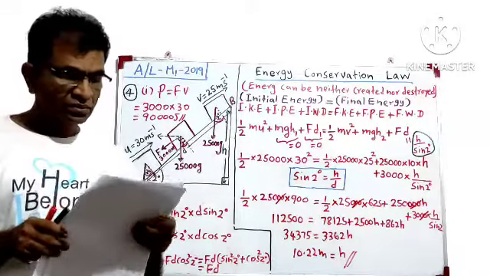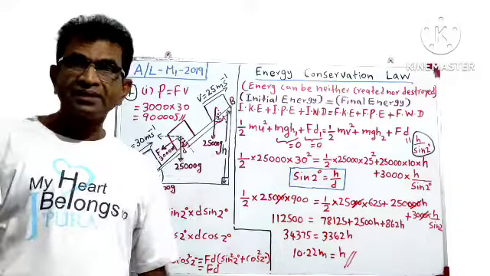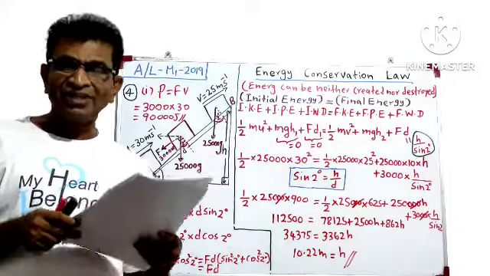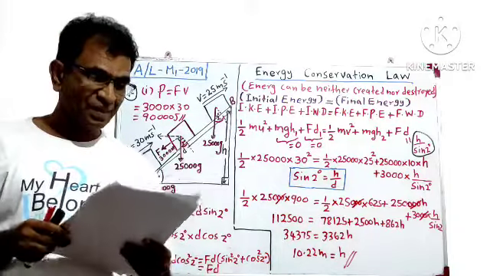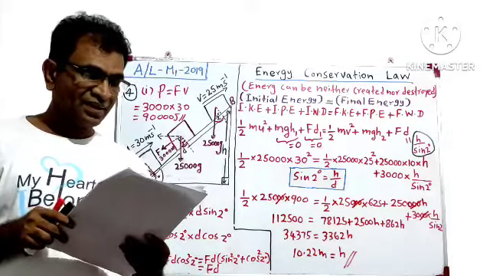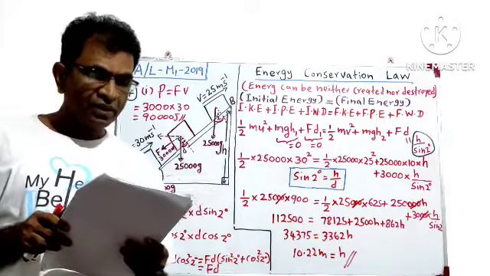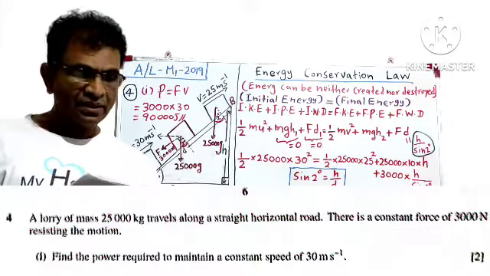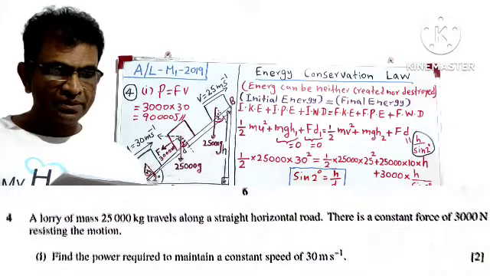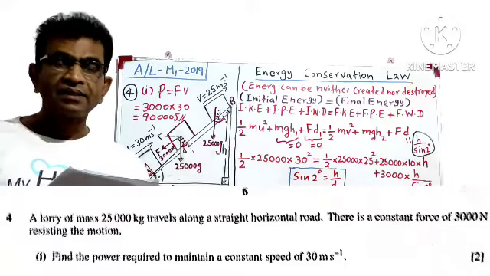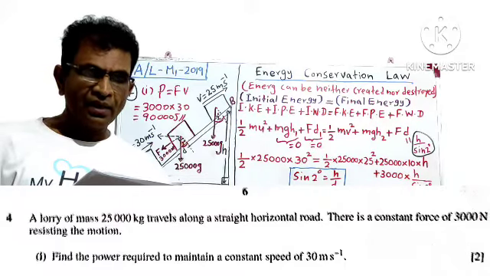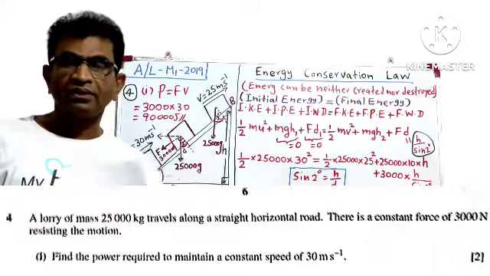Now I would like to discuss the question. Children, I will read out that question. A lorry of mass 25,000 kilograms travels along a straight horizontal road.